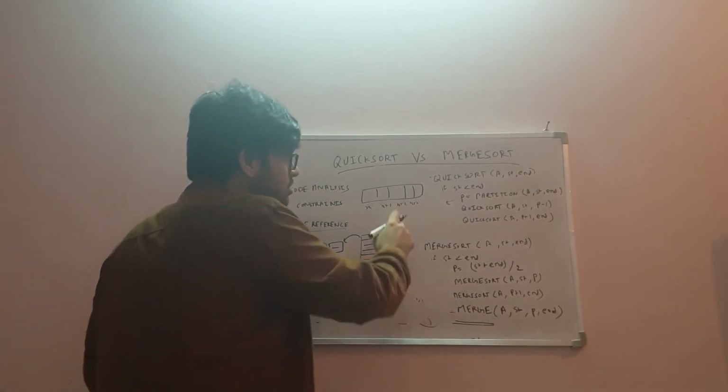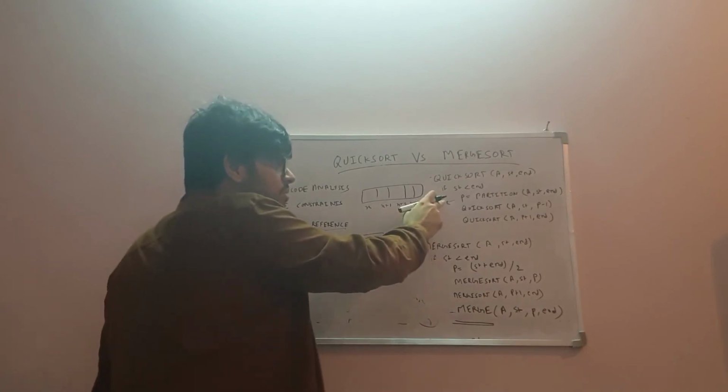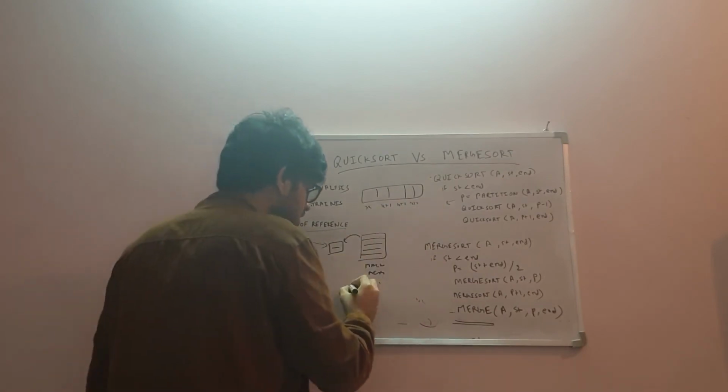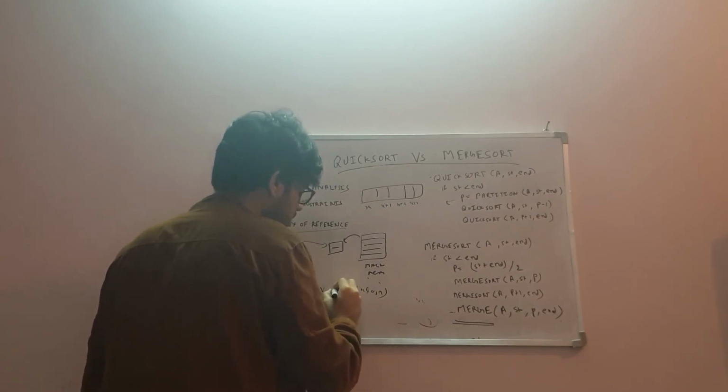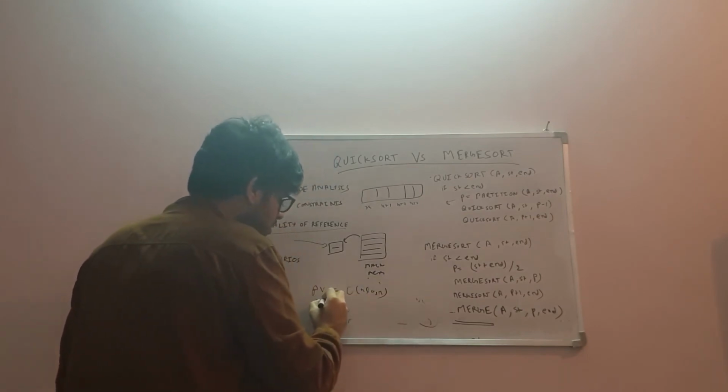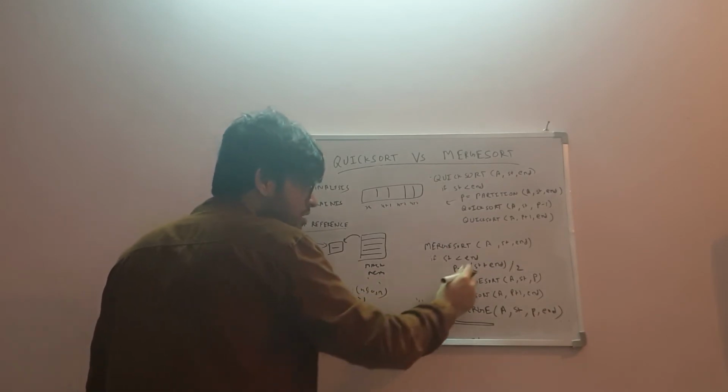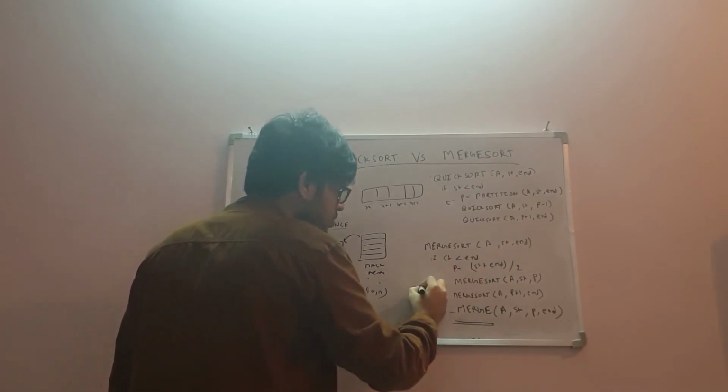Let's suppose we are actually sorting arrays, right? We know that the average case time complexity for Quicksort is O of n log n, right? This is the average case, and the worst case is O of n square, while the worst case for Mergesort is O of n log n.